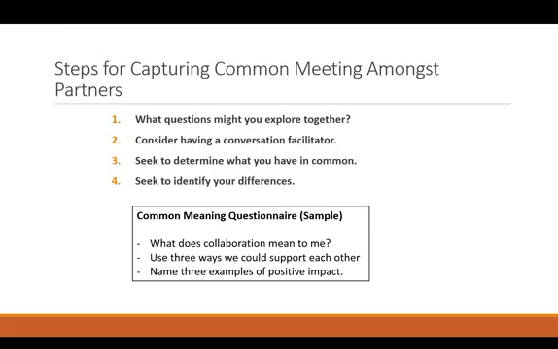It's simple. You identify some questions in advance, you share them in advance of your conversation with your partner or potential partner, and then you simply ask the questions together. It's great to have this conversation over a cup of coffee or in person.